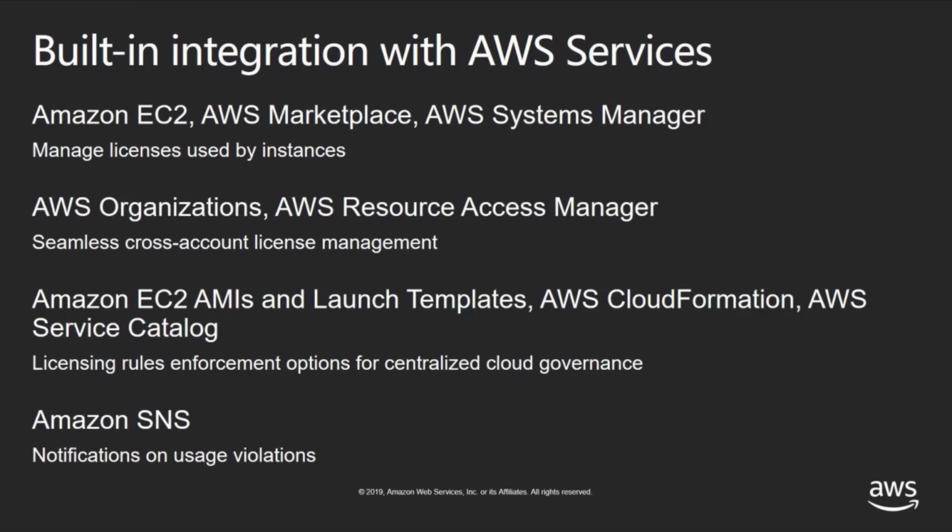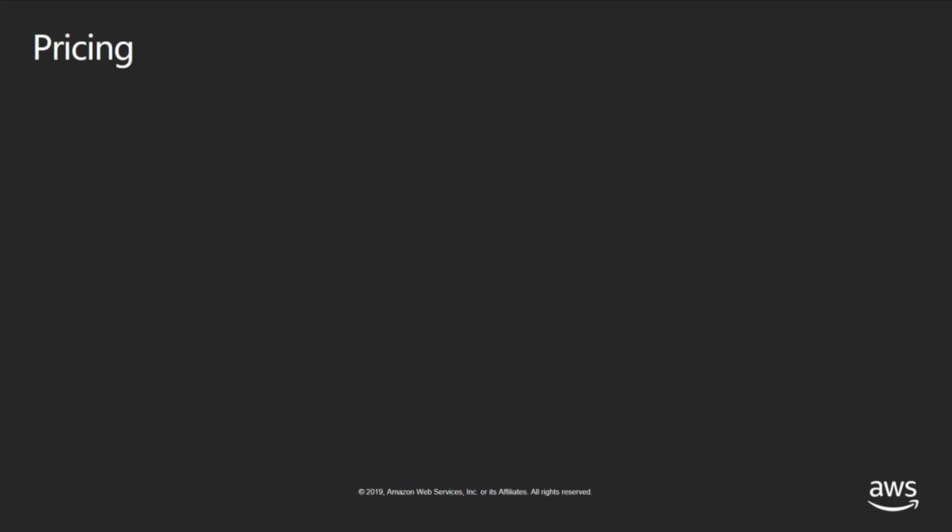There is built-in integration with AMI's EC2 launch templates, AWS CloudFormation, and Service Catalog to provide different options for licensing rule enforcement. And the built-in integration with Amazon SNS enables customers to receive notifications on the SNS topic for any license usage violations. Now let's talk about pricing.